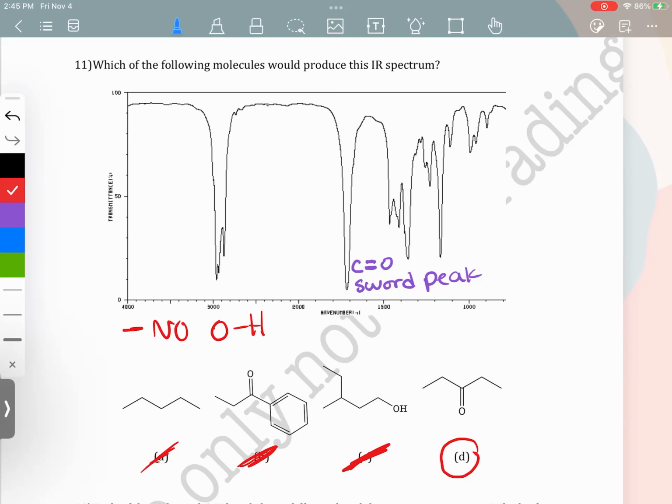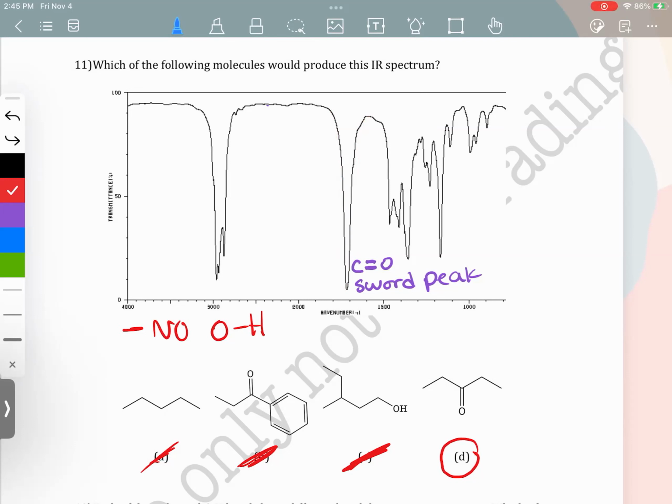Wait, so do we have to memorize everything, or do they give us something to identify them? Not everything, but you definitely have to know the OH stretch. You do have to know this carbon double bond oxygen sharp sword peak. What else?